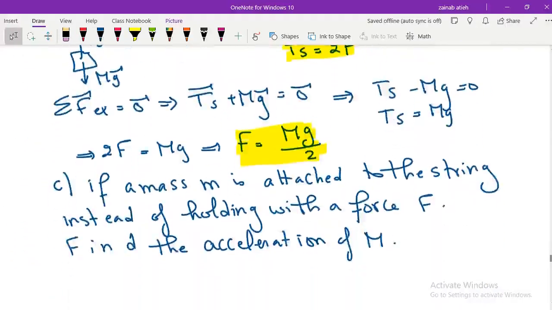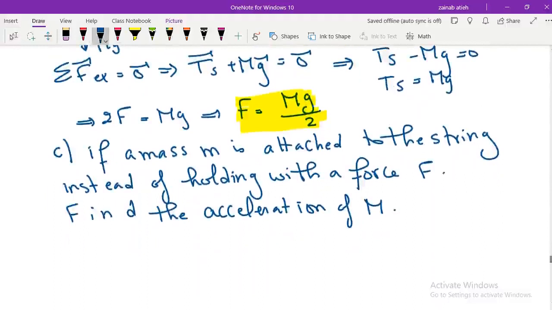Let us now apply Newton's second law for small mass m, since this is in motion.